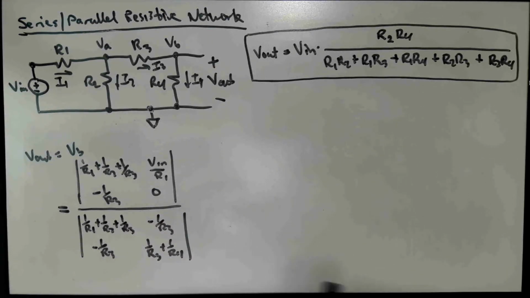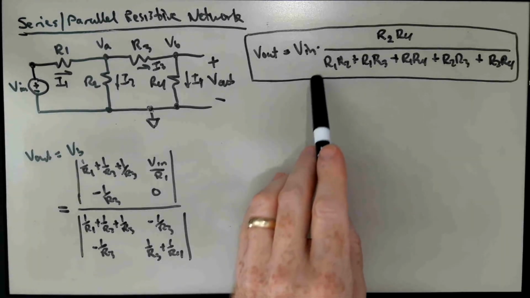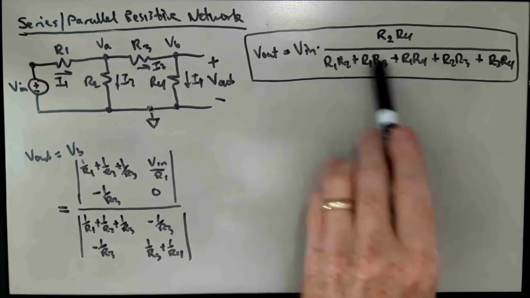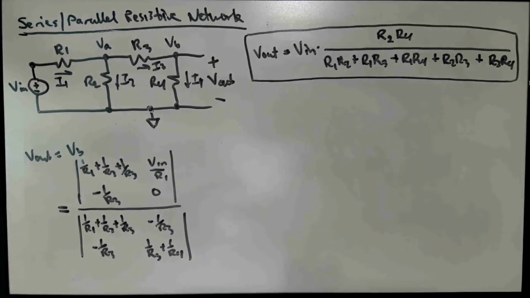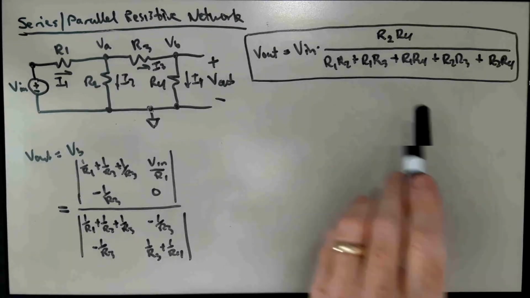And this type of analysis always results in this type of answer. And from a design point of view, where we might like to know, what element should I tweak in what direction to get the gain of the system, which is what this thing represents? How much does V out change as a function of V in? How much does each component affect the result?